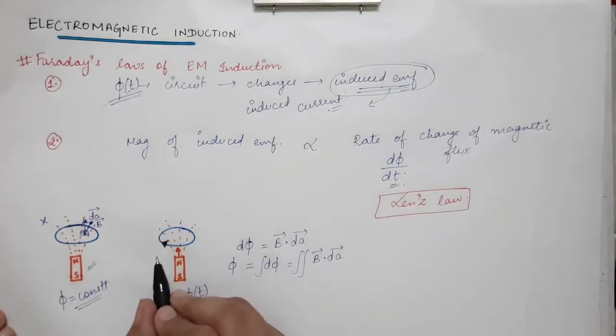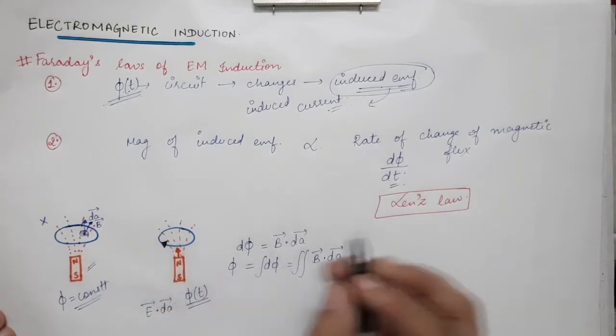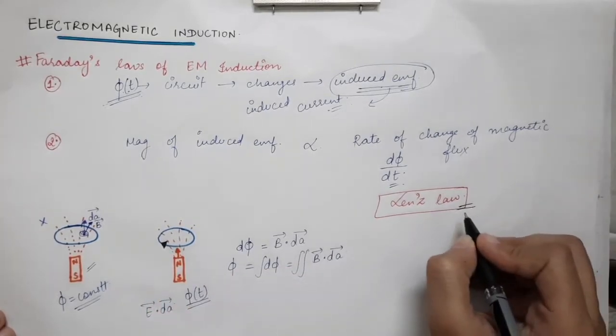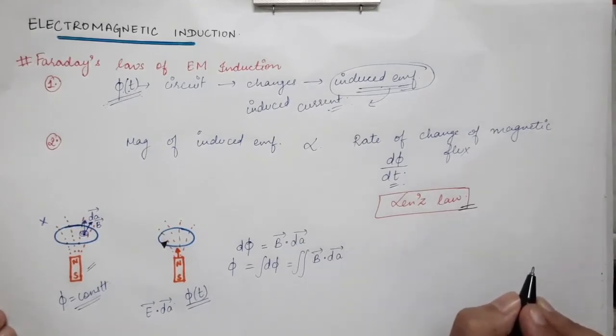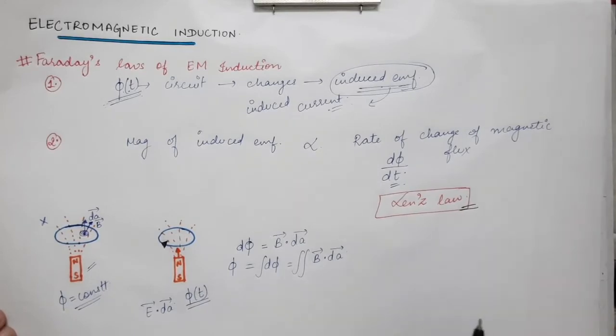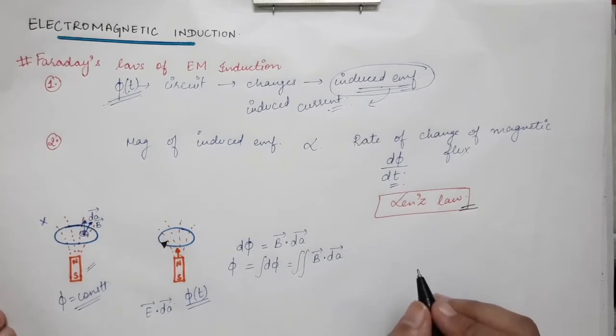So the direction of this induced EMF or induced current is given by Lenz's law. Lenz's law states that the direction of induced EMF in the circuit or induced current is such as to oppose the cause responsible for changing the magnetic flux, or you can say it is in such a way as to oppose the cause of its production.